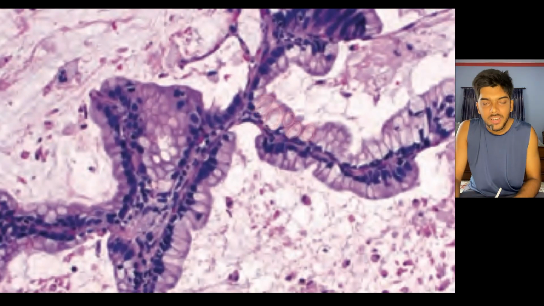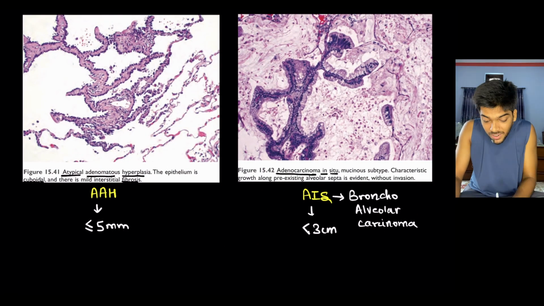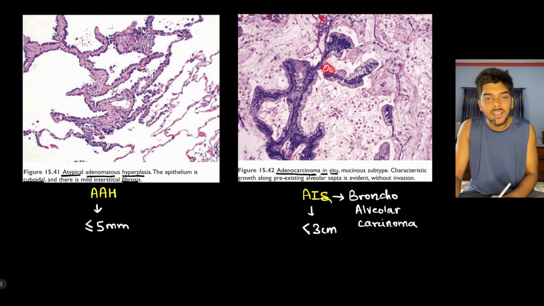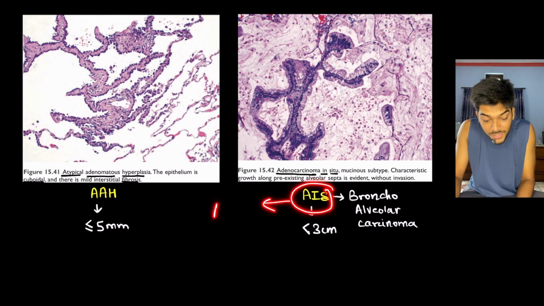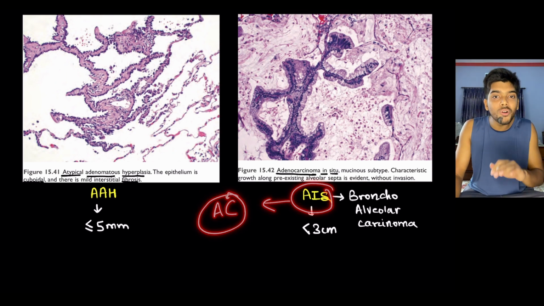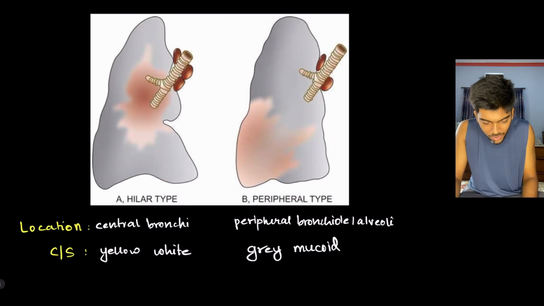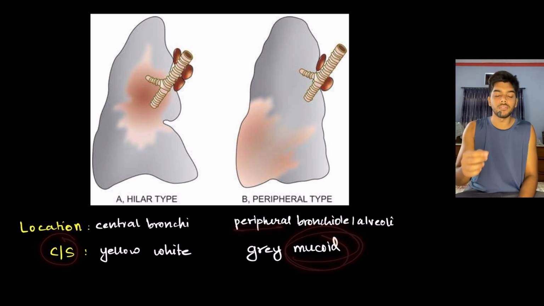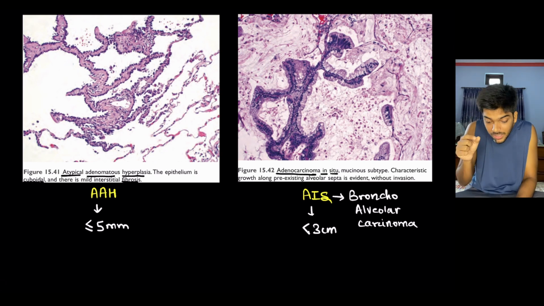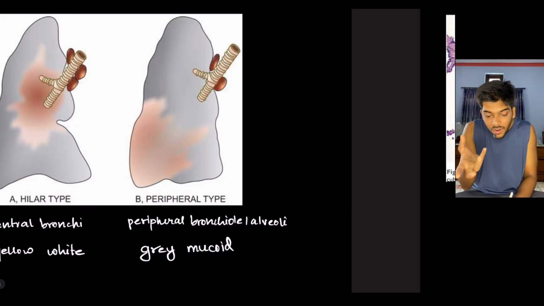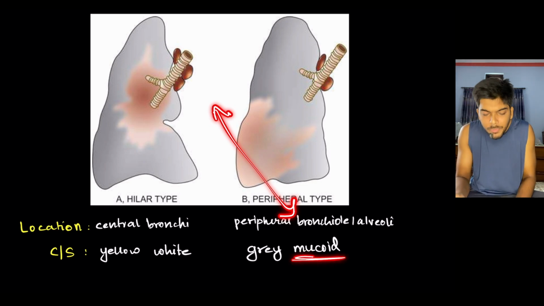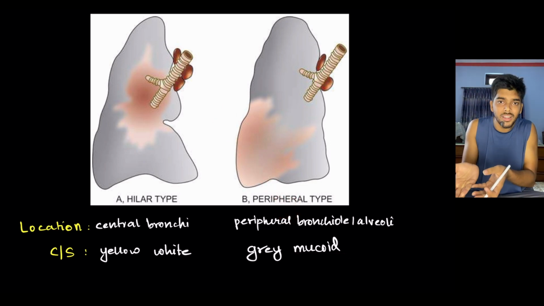See, if microscopically in adenocarcinoma in situ there are mucus-filled cells, and this eventually leads to adenocarcinoma, then grossly, if you cut that section, what appearance is it going to give? It is going to give a mucoid appearance. Simple logic. That is why in the cut section of the gross of peripheral type, I said gray mucoid. In microscopy there are mucus-filled cells, so in gross also, when you take a cut section, there is going to be a mucoid appearance because there is all that mucus there.